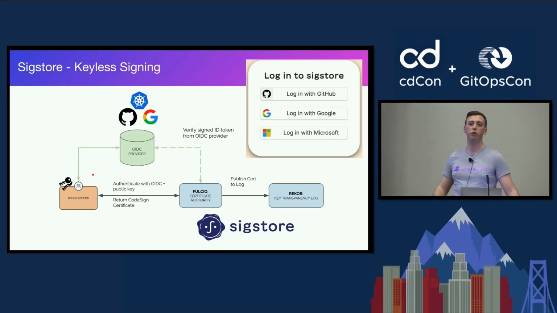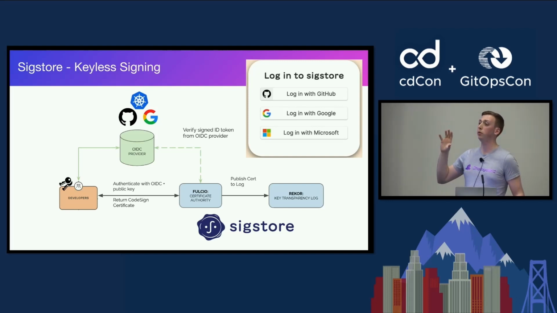If it's a human user, we just send them through the very typical OAuth 2 flow. So open up the web browser, hit sign in with Google, sign in with GitHub, get that token, return it back. What the client will also do is generate an ephemeral key pair on the fly. So it'll generate a brand new private key, public key pair. It will sign some challenge to basically prove that it has access to that public key.